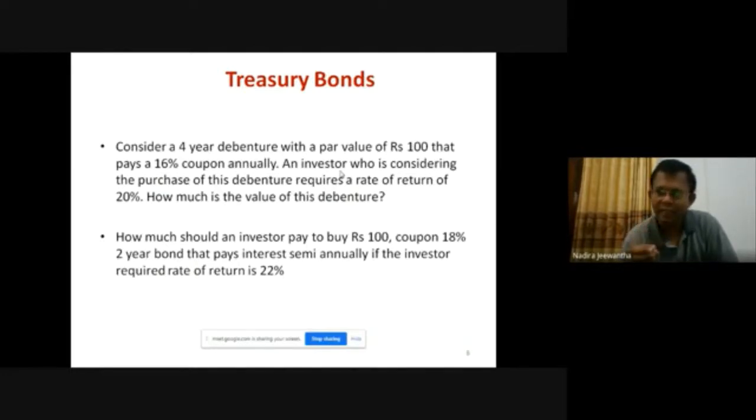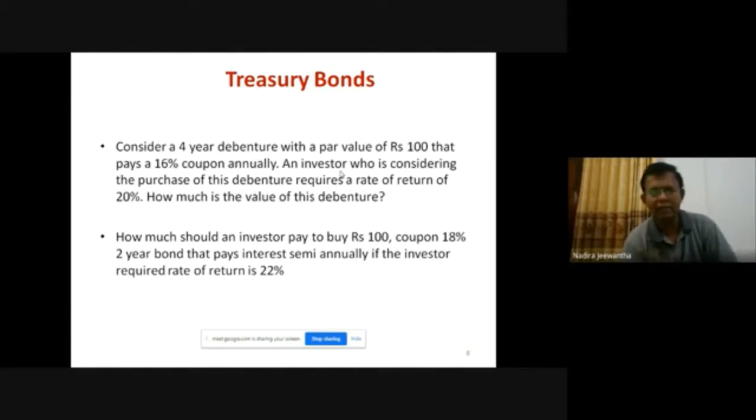Remember, we have taken 100 as the amount we will be receiving on the maturity. But the amount we have to invest is not the same as the 100. It can be below 100.